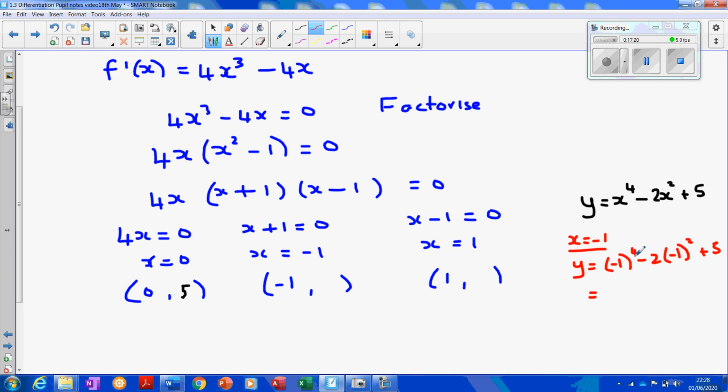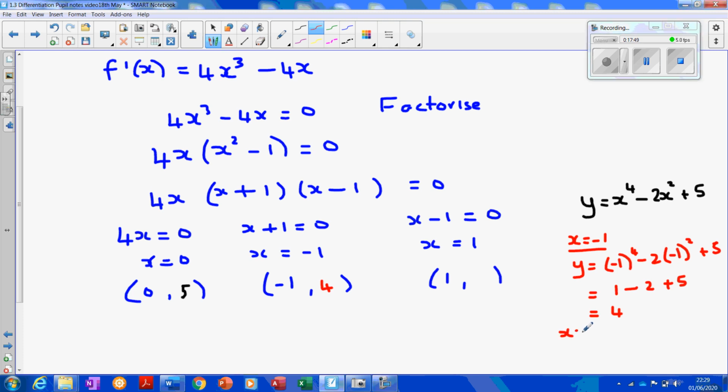So if you have got an even power, it's going to be positive, because minus 1 times minus 1 is plus 1, and you've got that again. So that is going to just turn out to be 1. Minus 1 squared is also 1, but minus 2 times plus 1 is minus 2, and we've got a plus 5. So that's going to be 1 plus 5 is 6, take away 2, it's going to be 4. So when x is minus 1, the y coordinate is 4.